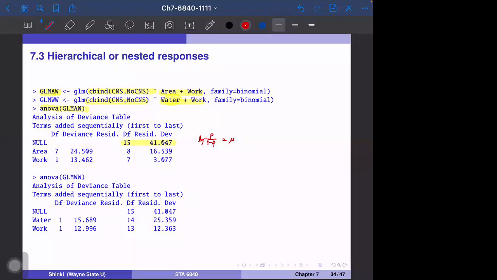The second one is mu plus area. Then the third one is mu plus area plus work.